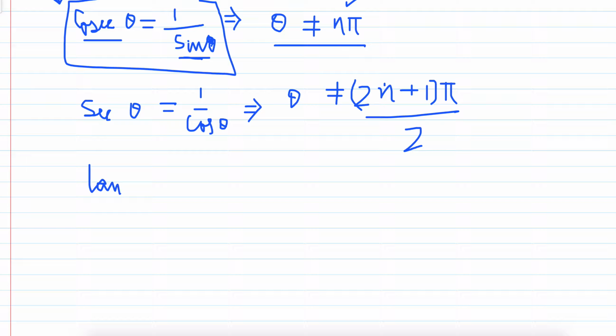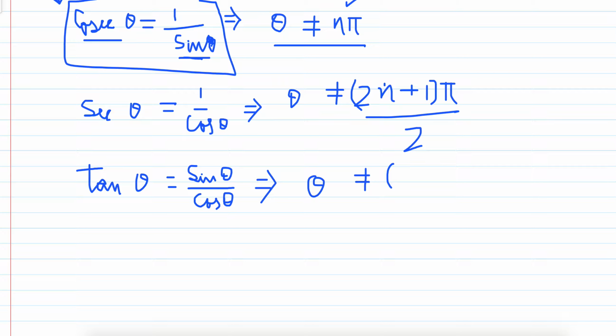Similarly, tan is also a ratio of sine and cos. So again here all the values of theta for which cos theta is 0, we will exclude those values. So again we will get the same value, 2n plus 1 by 2 pi.